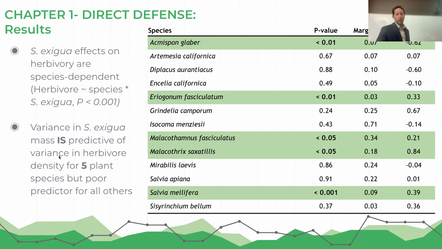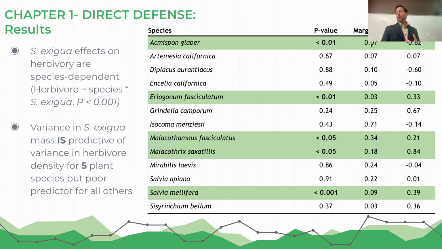So what we did then is said, okay, what is the correlation between Spodoptera and natural herbivore density in the field? And if we look here, we were a bit surprised that there was very little evidence to suggest that that is actually true. The big takeaway is that while variance in Spodoptera exigua mass is predictive of variance in herbivore density, it is so only for 5 species of our 14.